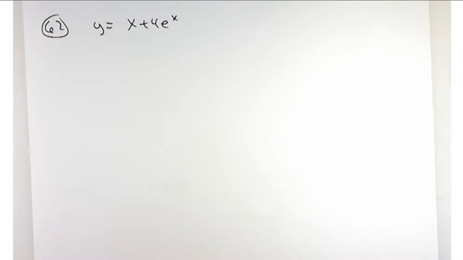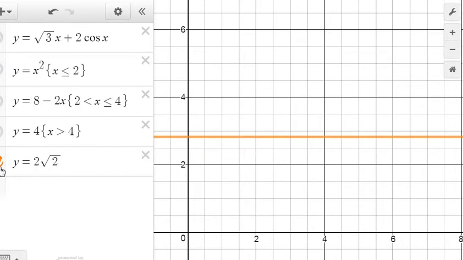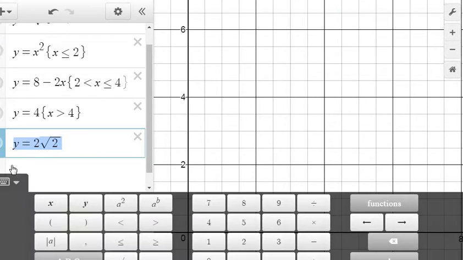Tell you what, let's do this first. Before we actually go through the calculations, let's see if we can predict if we're going to find a solution here. So let me graph this. Y equals x plus 4e to the x.